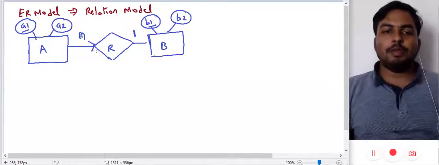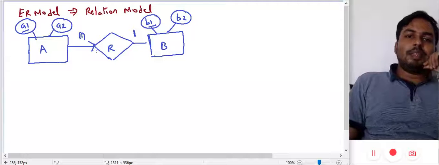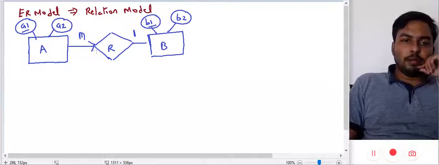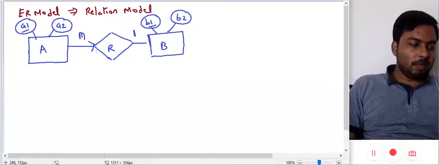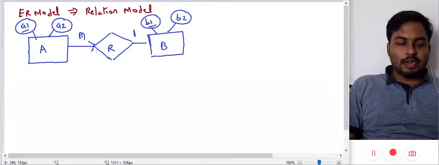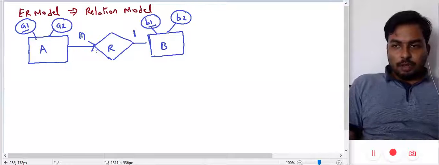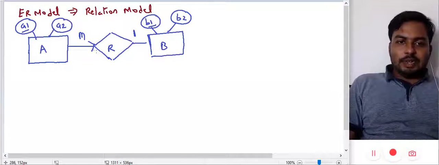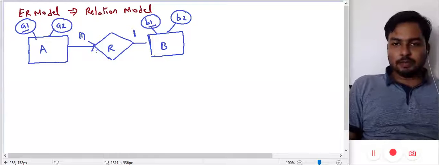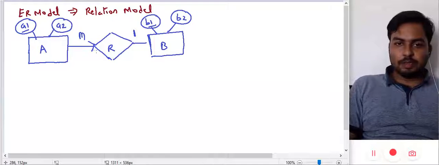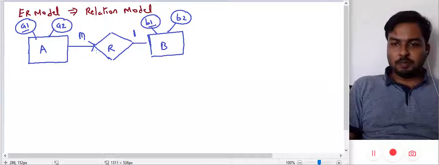So when they give you a question like this, entity A, entity B with a relation in between them with the mapping cardinality of M is to N, they can ask you how many tables can be created if you are drawing a relational model for this.